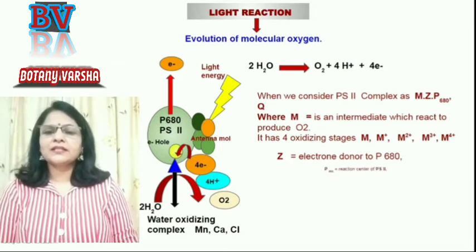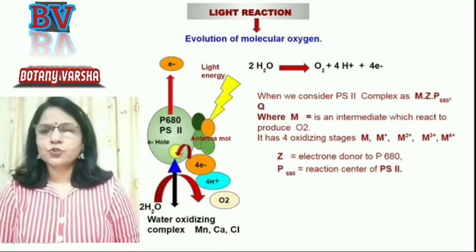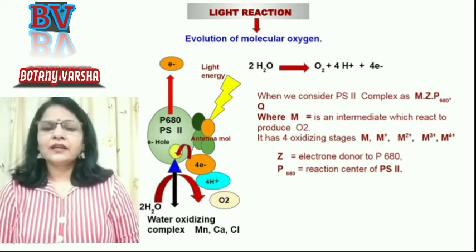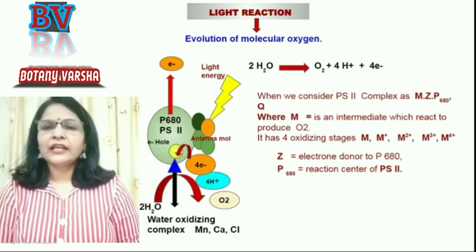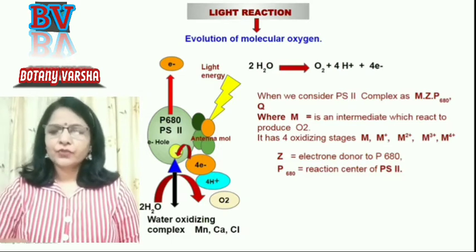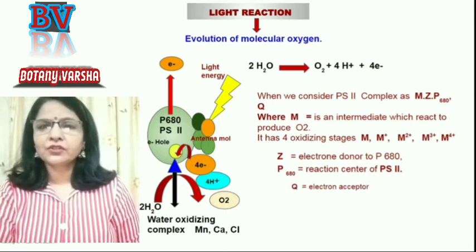P680. This P680 is the reaction center of PS2, and P stands for pigment, and 680 is the 680 nanometer light. They can absorb 680 nanometer light. Next is Q. Q is the electron acceptor.